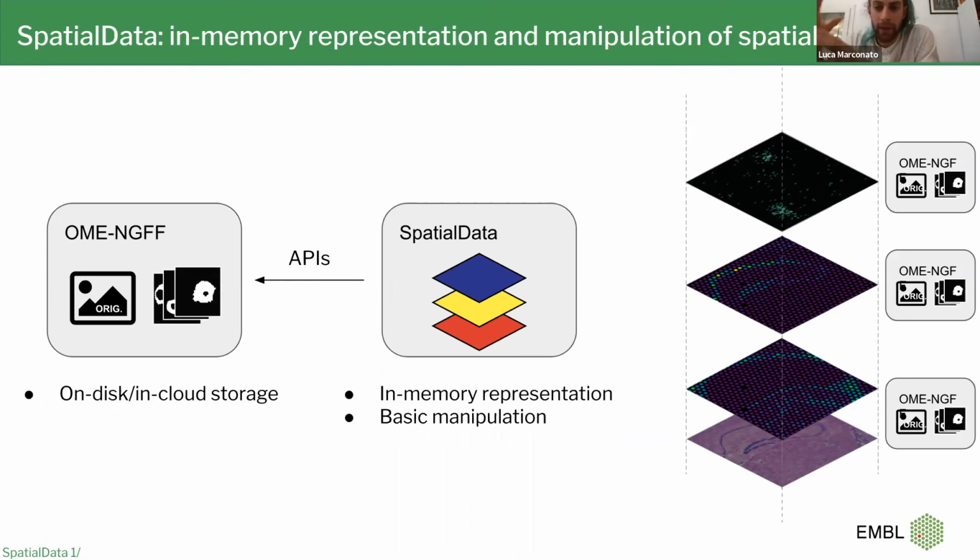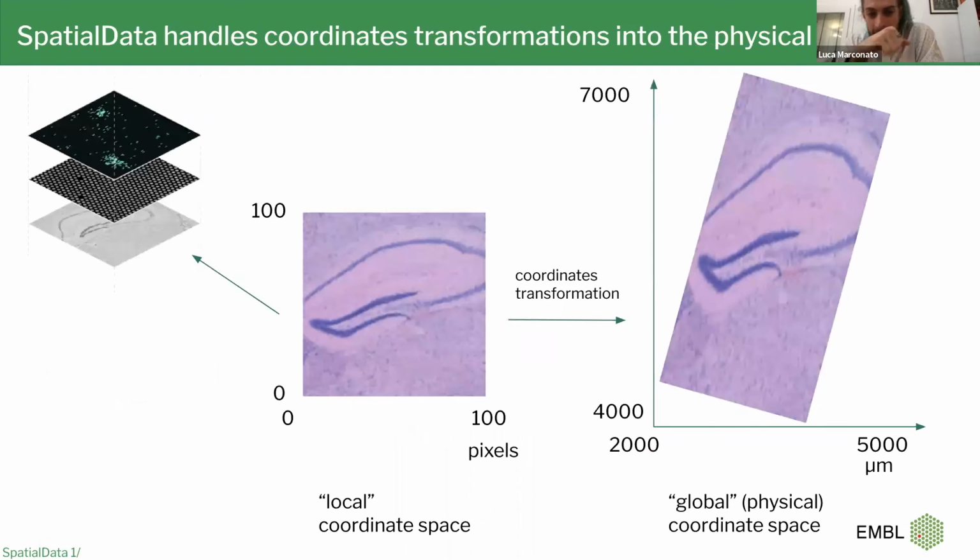You can take it, rearrange it as you want, split it, merge it back, and it's possible to do this because all the blocks are aligned in the physical space. So it doesn't really matter how they are stored in the end. This alignment allows you this kind of operation. So this is an example of a local coordinate.